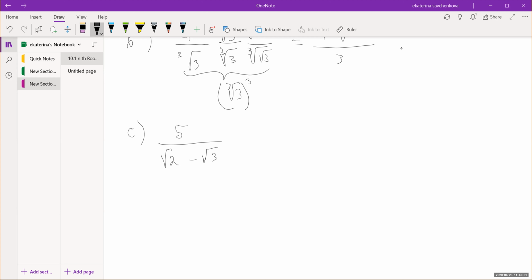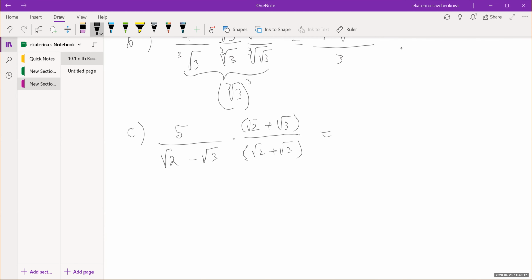Well, we are going to recall formula 1 from section 8.1 where we had special products. I'm going to multiply this expression by complementary expression, square root of 2 plus square root of 3. And the numerator is supposed to be same as square root of 2 plus square root of 3.